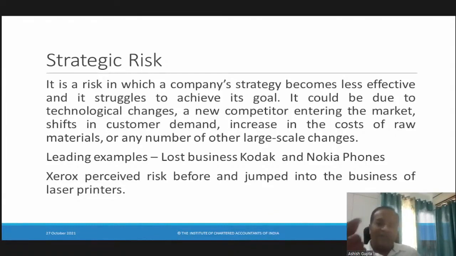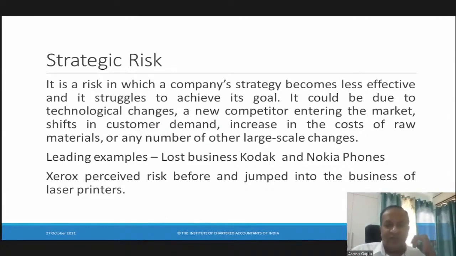Now I am just giving you a very simple example, and it is a very practical example nowadays. With the pandemic that took place in March 2020, the business of the hotel industry came to an end for around 7 to 8 months.